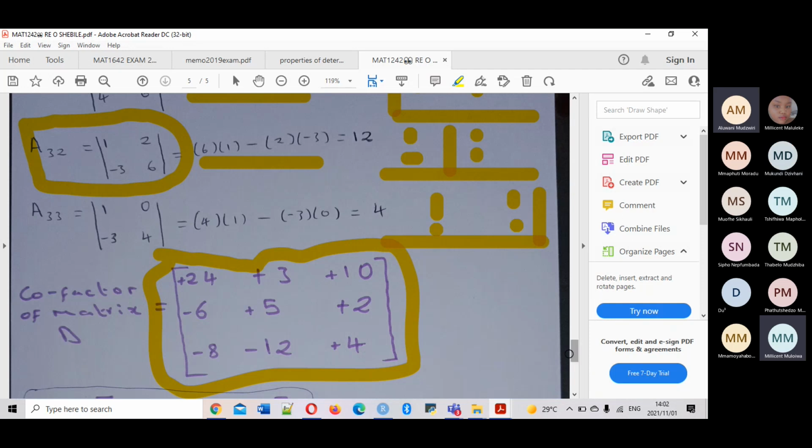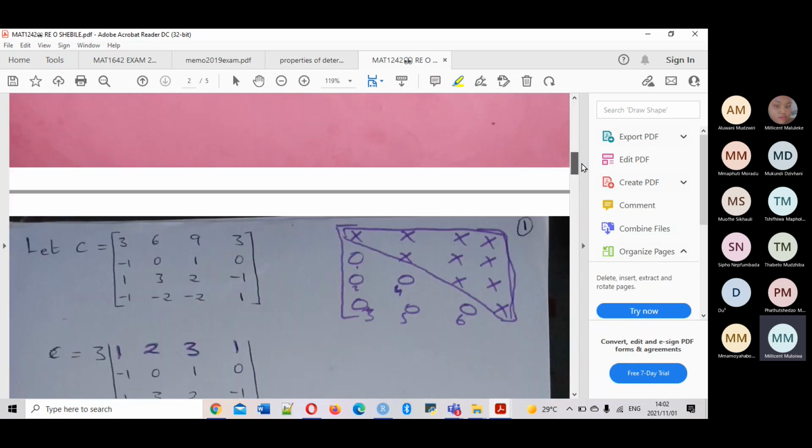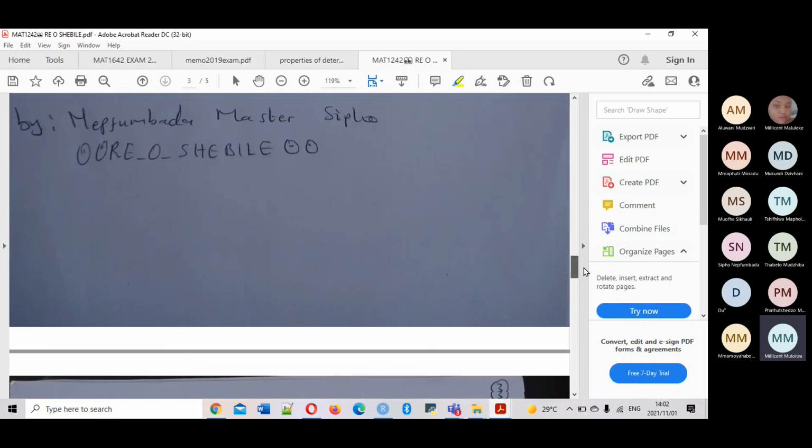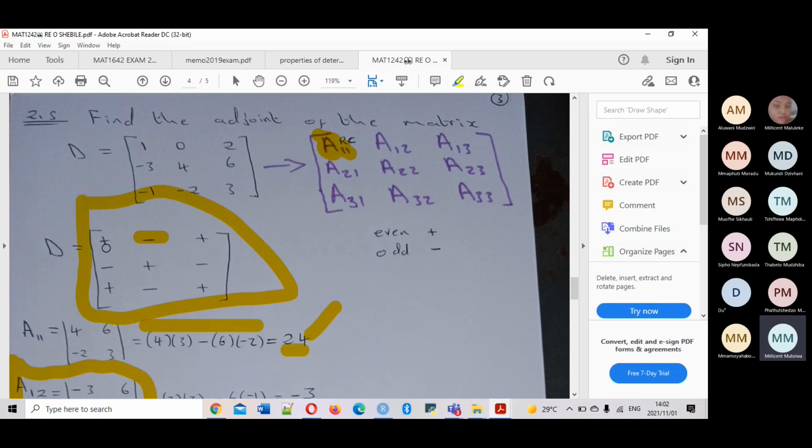Now you go back to that table of signs, which is this one. So it means the determinant of A11, you're going to multiply it with the positive, and you got what? Positive, right? Yes.